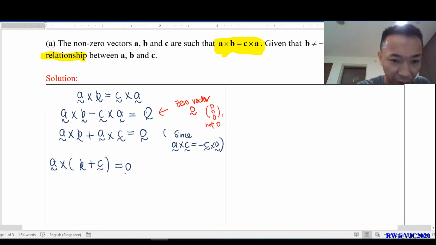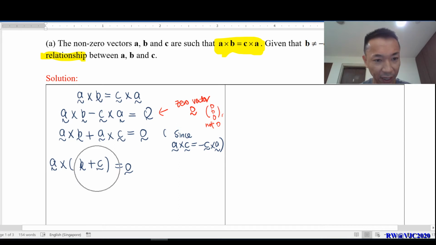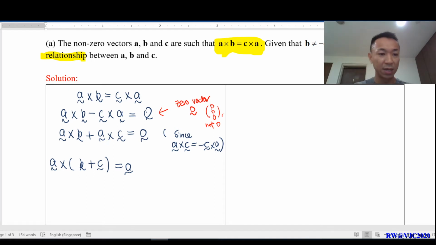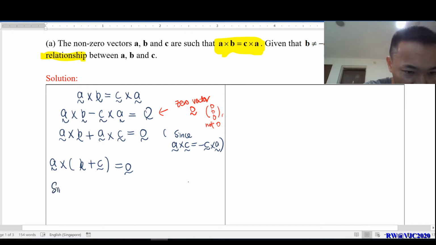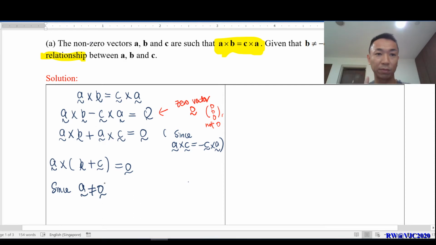Now you have a vector cross a vector equals the zero vector. And there are only three possibilities. One, this vector is 0. Two, this vector is 0. Three, these two are parallel. Now, A is a non-zero vector, so we justify that. It's given in the question.